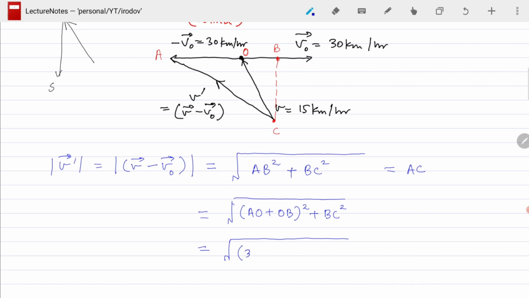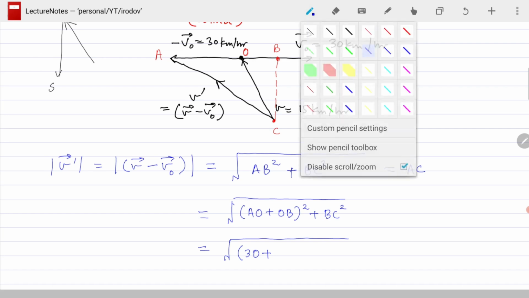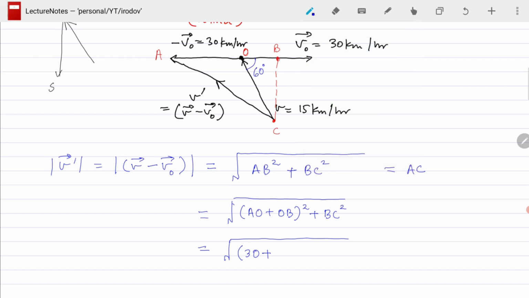The angle here is 60 degrees, and OB is OC cos 60 degrees, where OC is the velocity vector V. BC is OC sine 60 degrees.